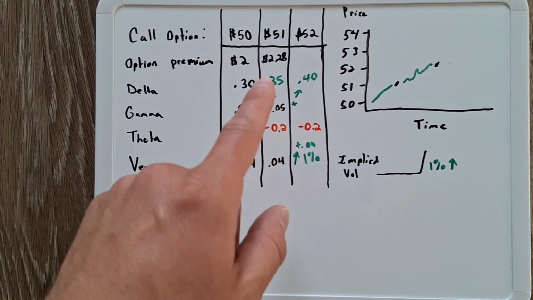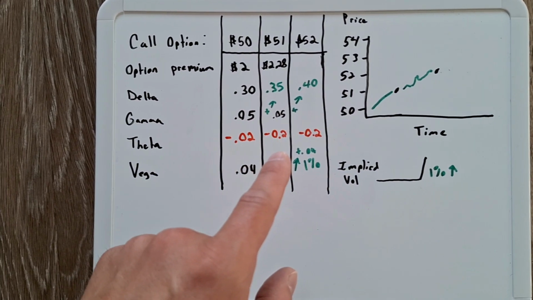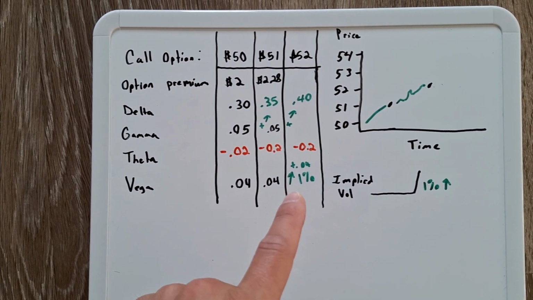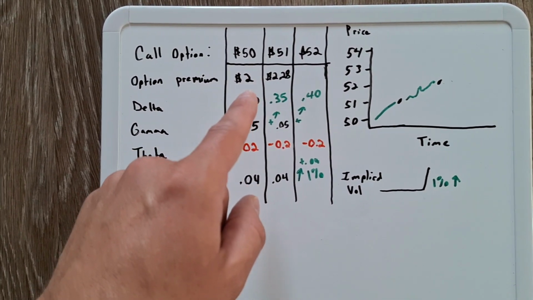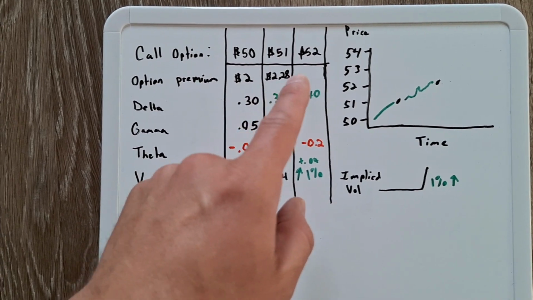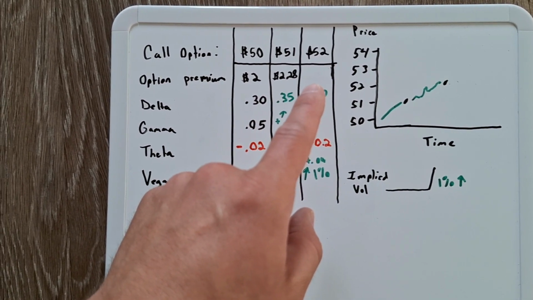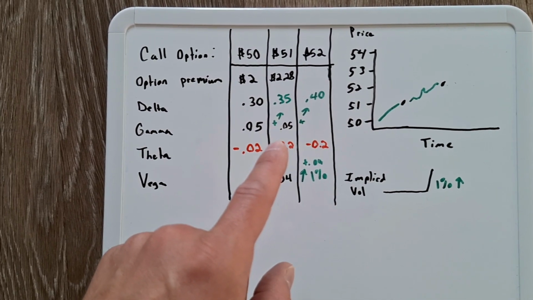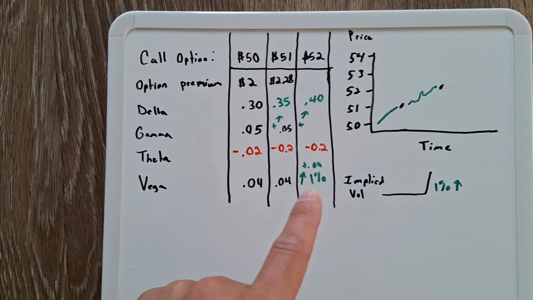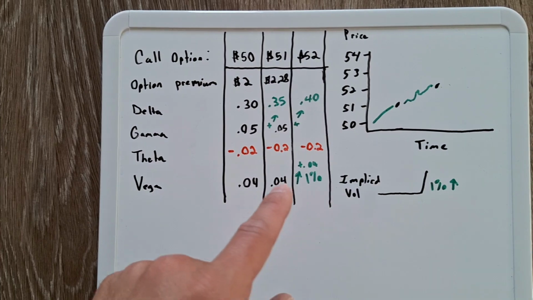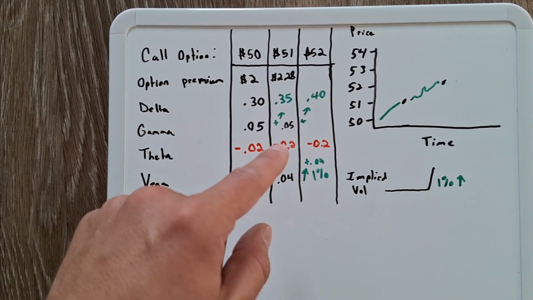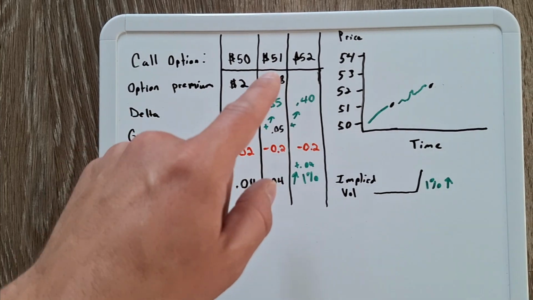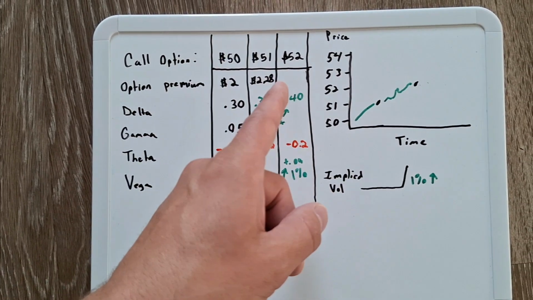We're going to add that on, and then we're going to subtract our theta, and we'll add 4 cents for our implied volatility. So then that's how you'll calculate the next day.